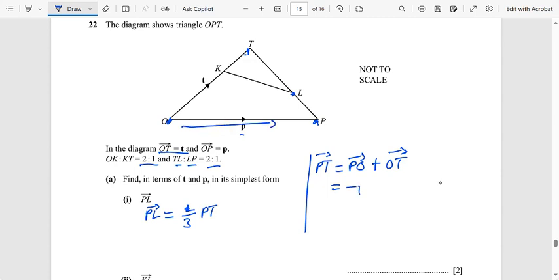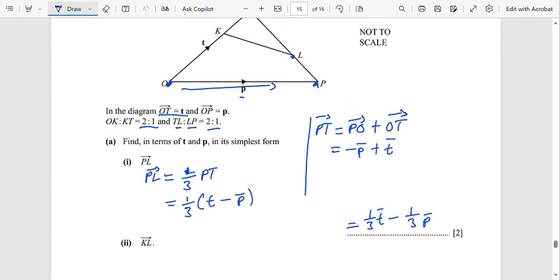So PO is minus vector P plus OT, which is vector T. So now that I have vector PT, then PL would have to be a third of vector T minus P, which is equal to a third vector T minus a third vector P when I remove the brackets.